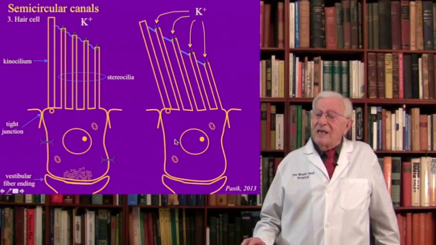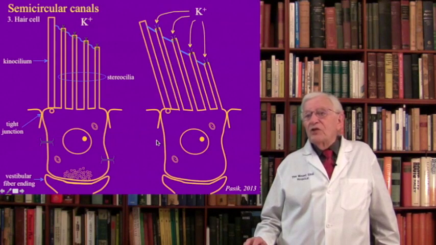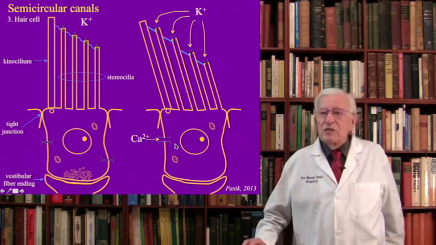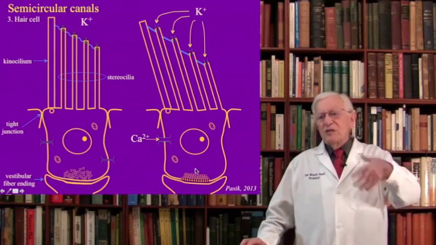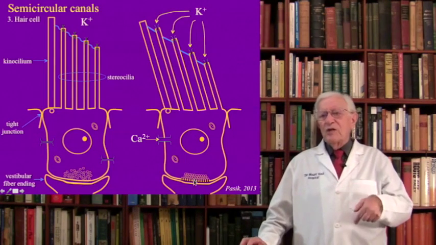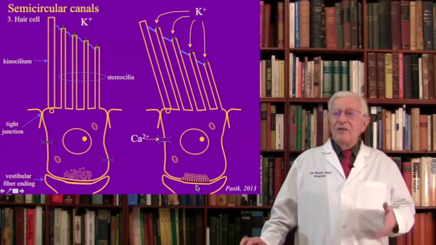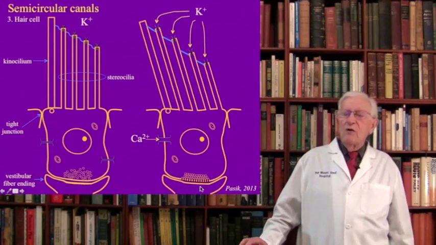And it has its own voltage-dependent calcium channels, that when the cell is depolarized, the calcium channel opens, the calcium comes into the cell, and that leads through several steps to the release of the transmitter in the synaptic cleft and the eventual stimulation of the afferent fiber.